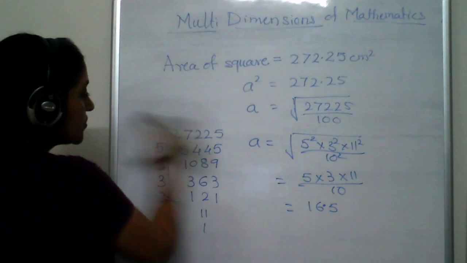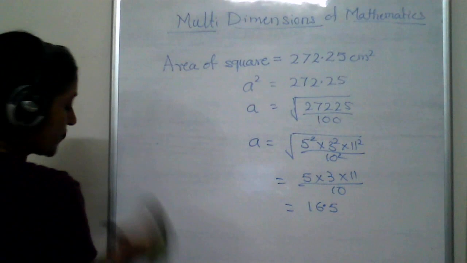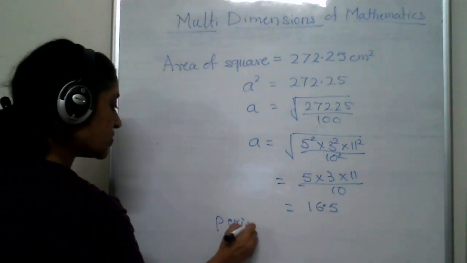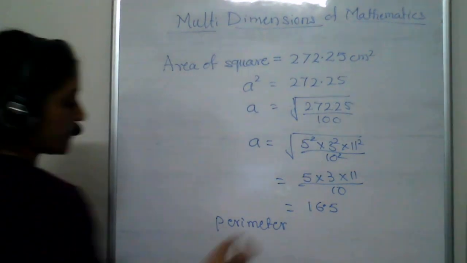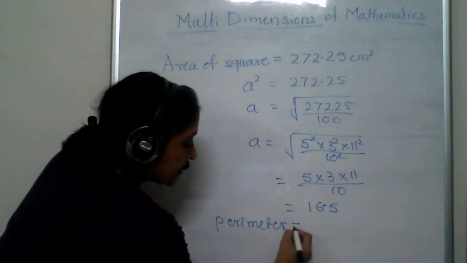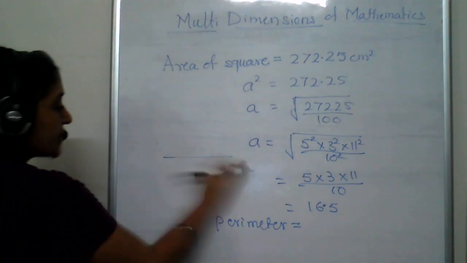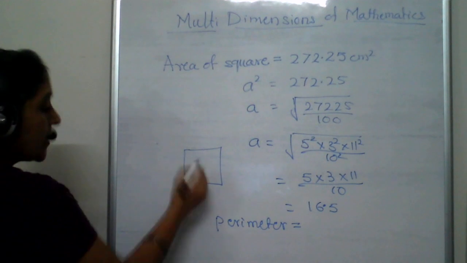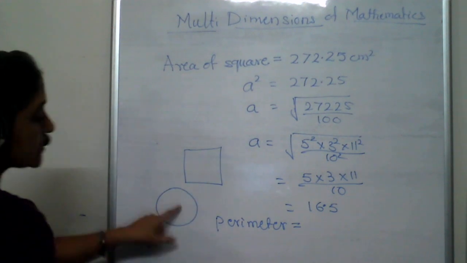Okay, now if you know the side of the square, can you find the perimeter? Yes. Perimeter is equal to, but whatever is the length of that wire, that was first made as a square, now it is opened and going to become a circle.